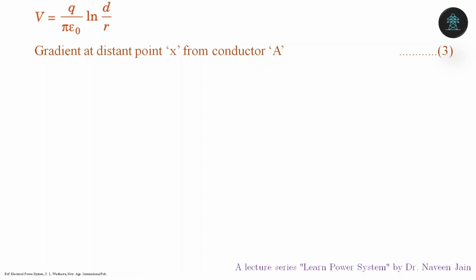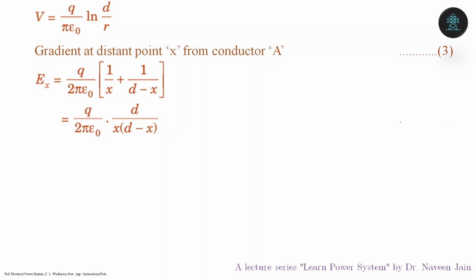Now, gradient at distance x from conductor A. So, after simplifying this expression, we have the equation number 4 as a final expression.